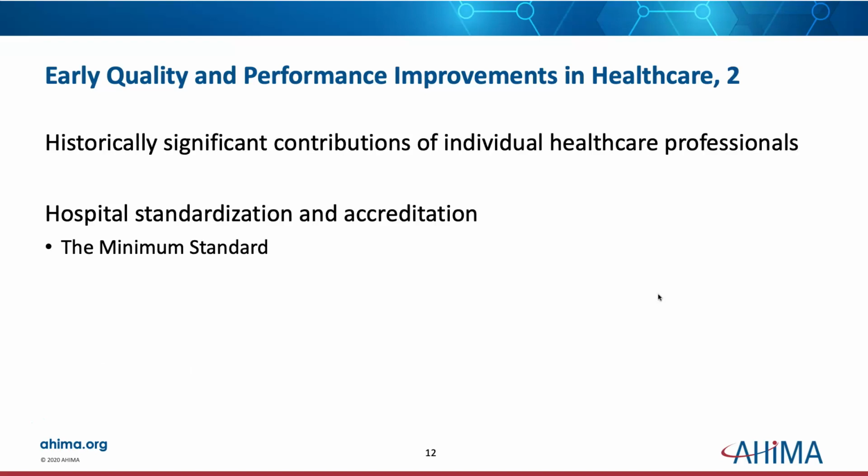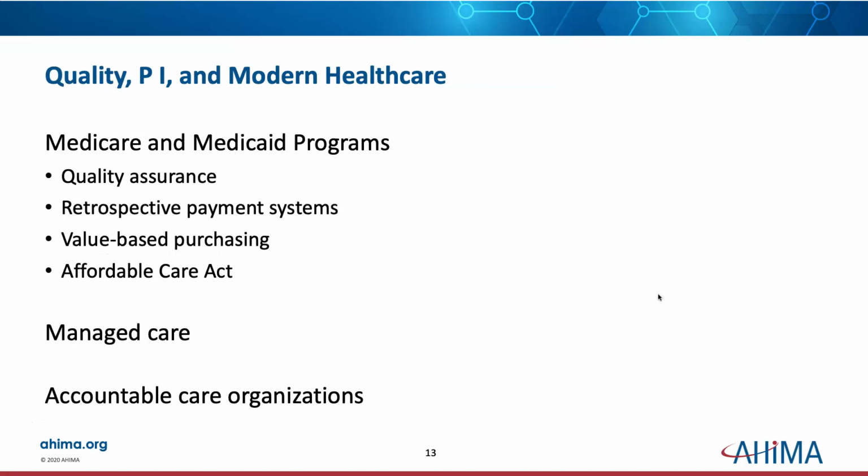And you have some historically significant contributions of individual health professionals. You get to hospital standardization and accreditation, looking at a minimum set of standards that all hospitals have to meet through federal regulations or state regulations or accreditation.